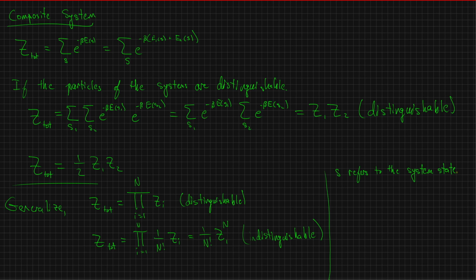Whenever he writes S with a little subscript, like S1, S2, this will refer to a single particle state. So just know that this is going to be the convention when you're using his book. It might change when you look at other books, but that's just life.